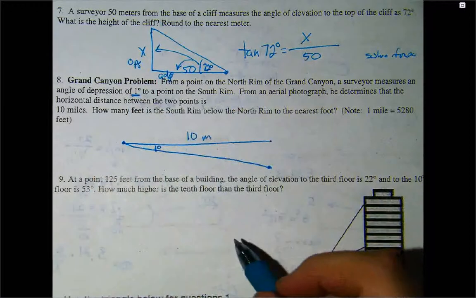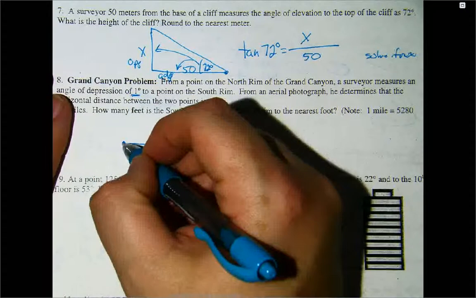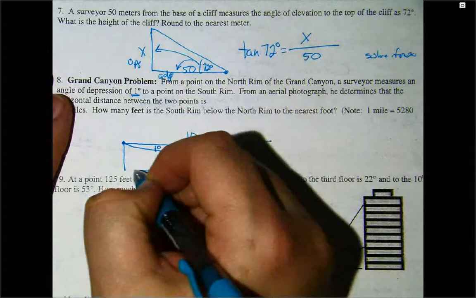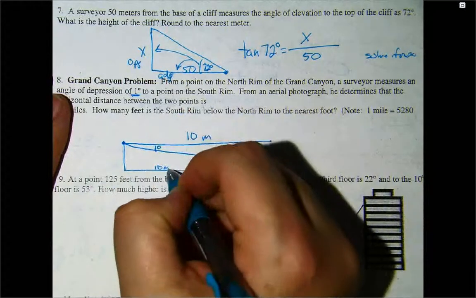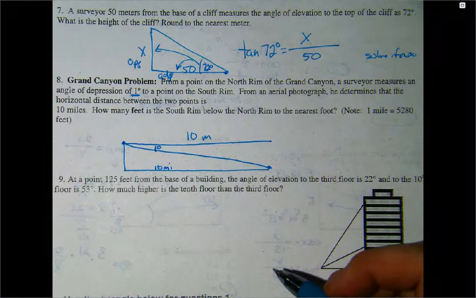So when I draw the triangle, this is going to be 10 miles. How many feet from the South Rim below the north rim is it, to the nearest foot? So I need to figure out this guy right here.